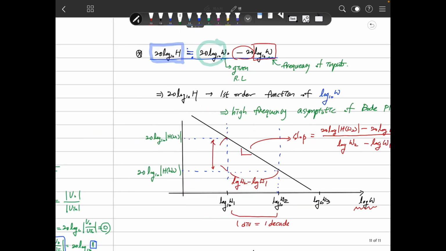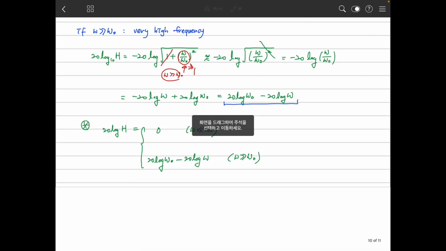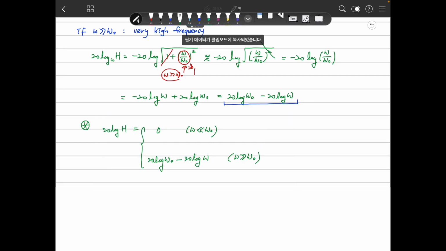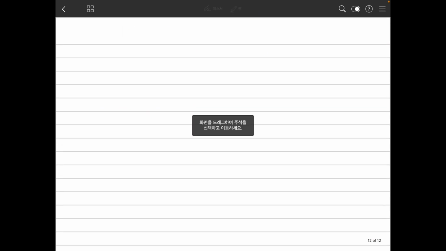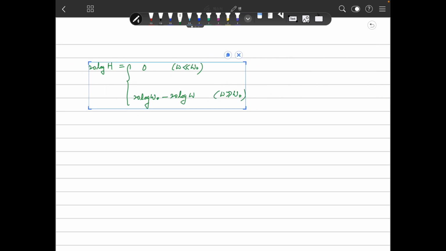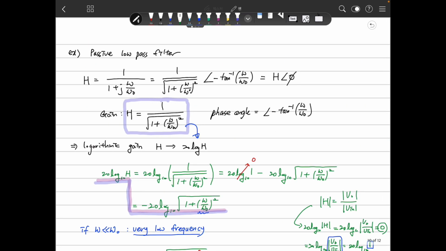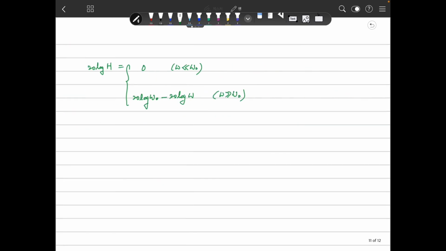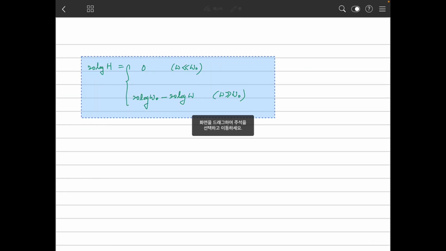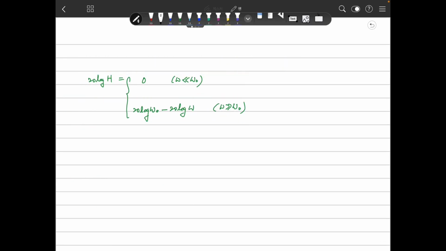Then we have two graphs here. H was 1 over 1 plus j omega over omega 0.